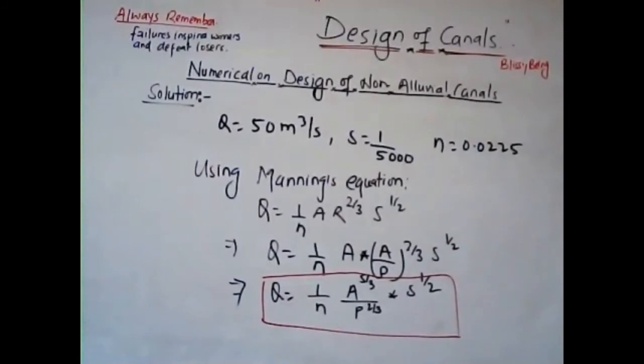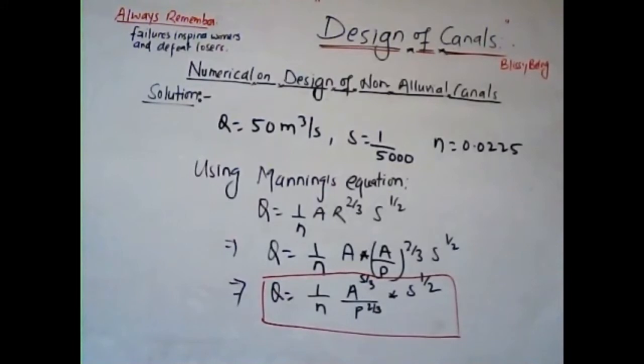Now friends, we will do the solution. Here it is given in the question that the discharge is 50 cumec, that is 50 cubic meters per second, and the bed slope is given as 1 in 5000. Manning's coefficient is given as 0.0225.